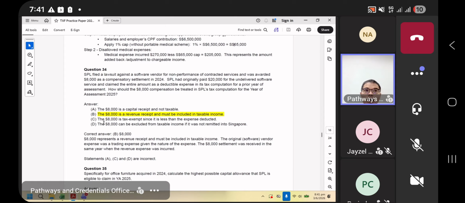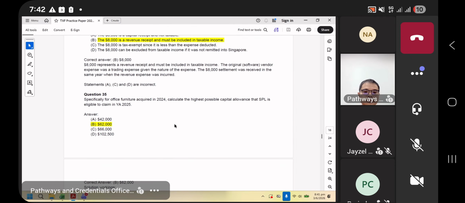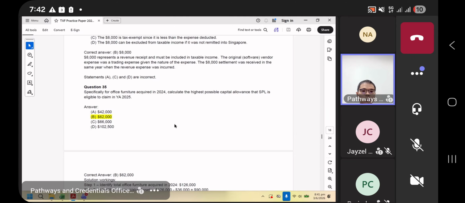At the end of the day, the real cost to SPL for this transaction is only $12,000. So SPL can only claim a deduction of $12,000, but previously, since he had claimed a deduction of 20,000, he has to add back the $8,000. Okay, any question?